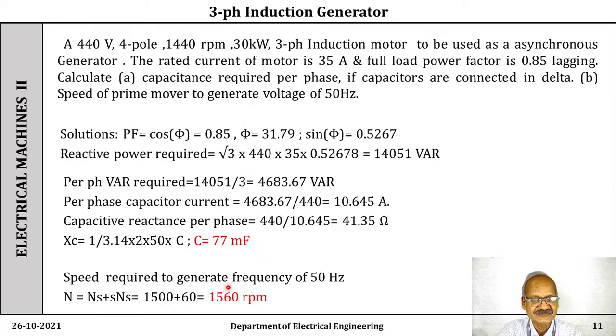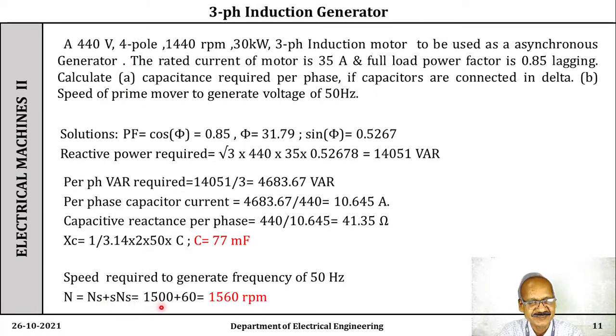Now the speed required to generate the frequency of 50 hertz is, what must be the speed? As we know that the induction generator must run above the synchronous speed. So what must be the synchronous speed? The synchronous speed, or what must be the speed of the asynchronous speed of the induction motor or induction generator, that is N equal to Ns plus s Ns.